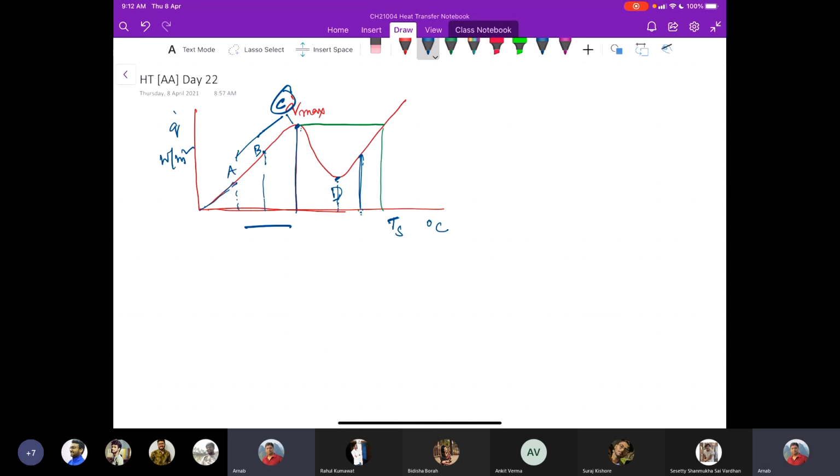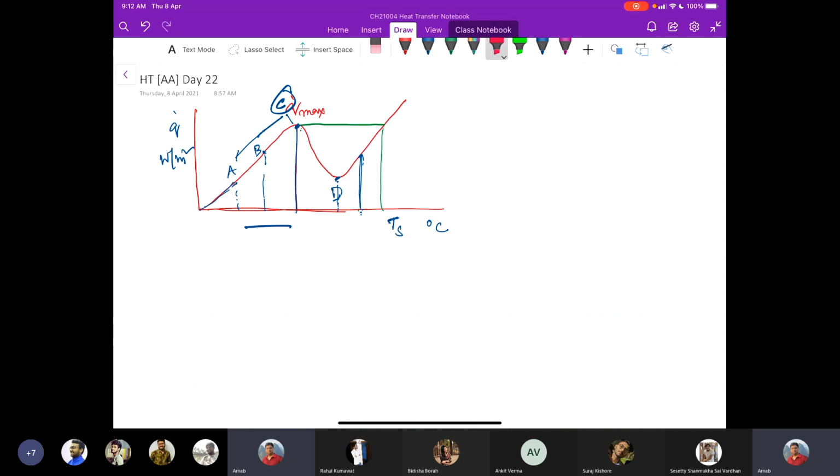Now, the point is that when we try to practically see how it behaves, the actual boiling curve doesn't follow this critical, or say the transition path.